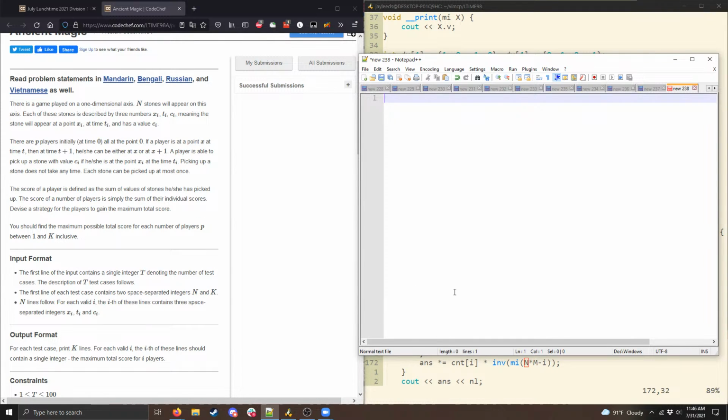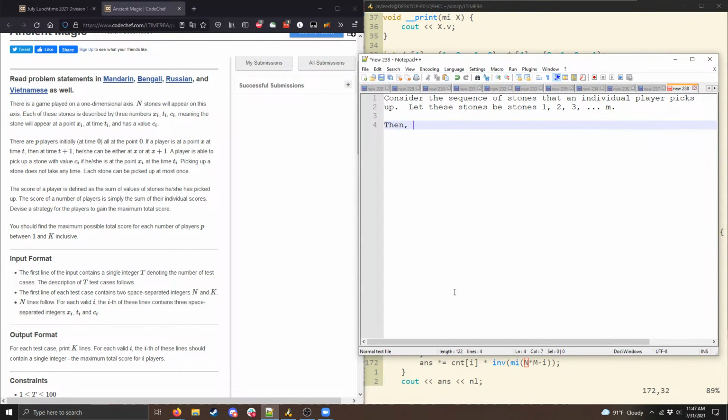First of all, let's consider the sequence of stones that an individual player picks up. Let these stones be stones 1, 2, 3, up to m, let's say, without loss of generality.